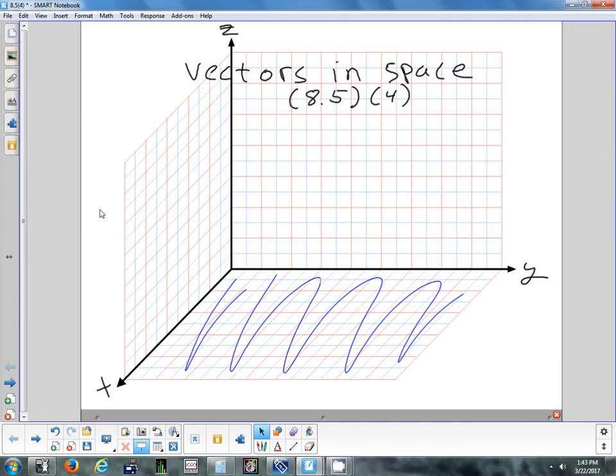Your book mentions a rule you can use to figure out how the X, Y, and Z axes all point. This is called a right-handed coordinate system.